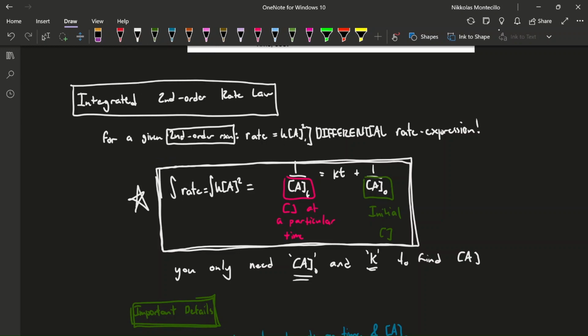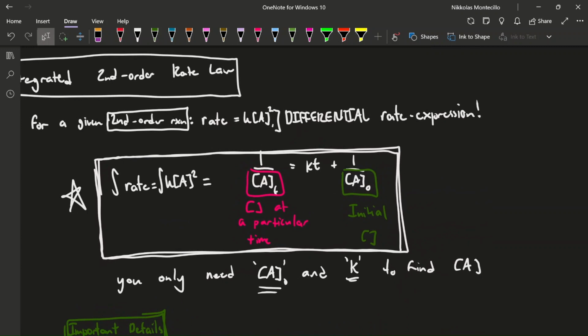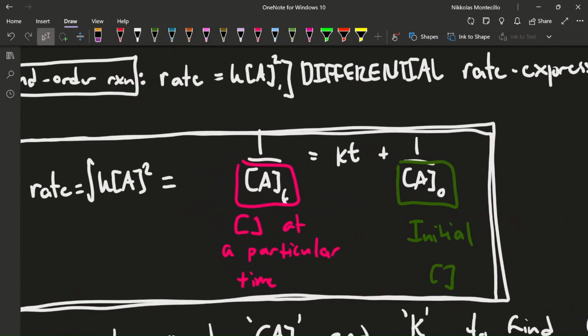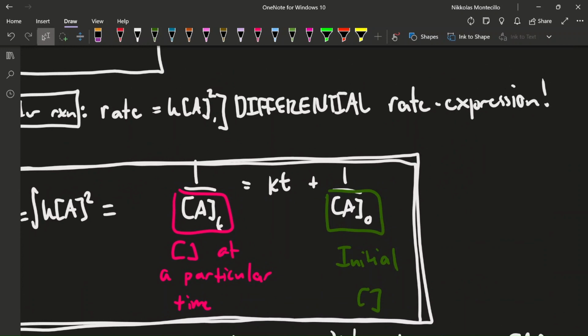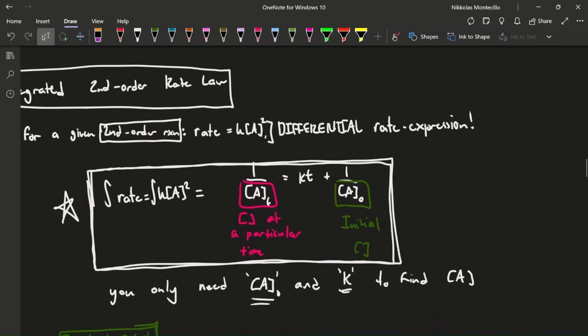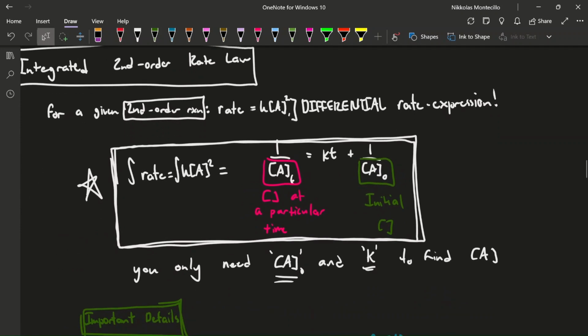The integration of this rate will result in 1 over the concentration of A at time T, which is equal to KT plus 1 over the initial concentration. So for this, you only need the initial concentration and K to find the concentration of A at time T.